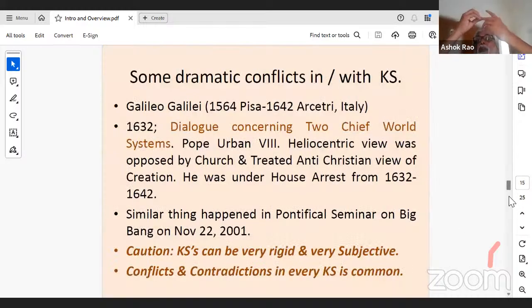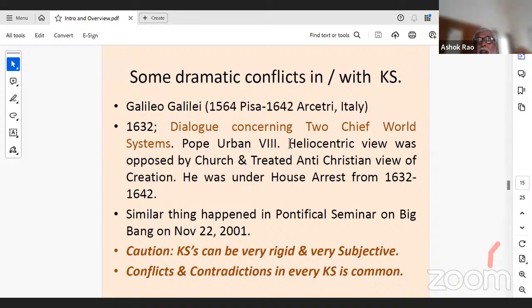Some dramatic conflict you can see. All of you who are academic people would know Galileo Galilei. In 1632, because of his work on astronomy through the telescope, he discovered that Earth revolves around the Sun. At that time, the head of the Christian world was Pope Urban VIII, who was living in the Vatican.